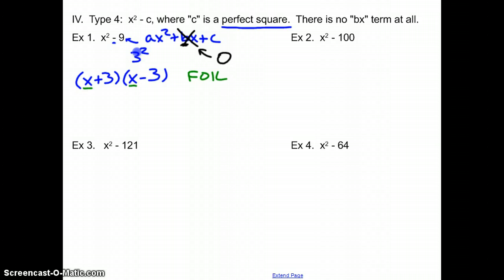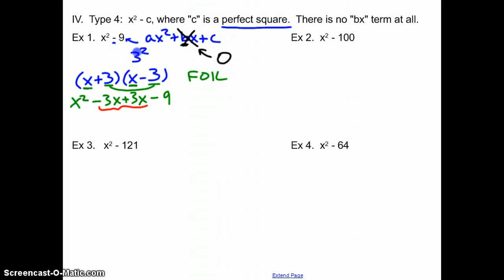First, x times x is going to give me an x squared. Outer, x times negative 3 will give me a negative 3x. Inner, positive 3 times x gives me a positive 3x. And my last values, negative 3 times a positive 3 is a negative 9. Let's look at that middle term, the one that we can always combine as like terms.